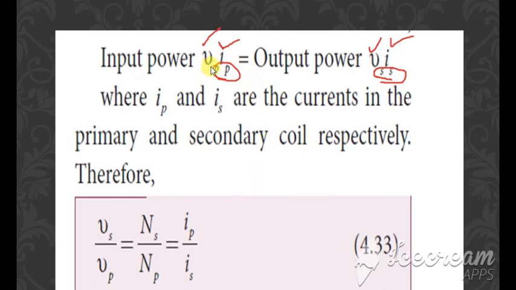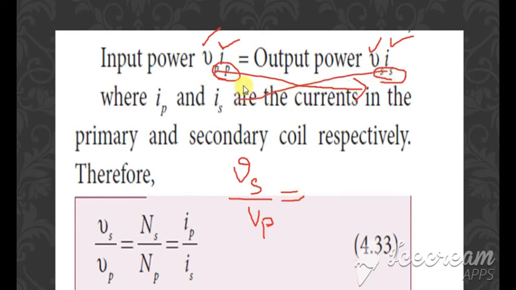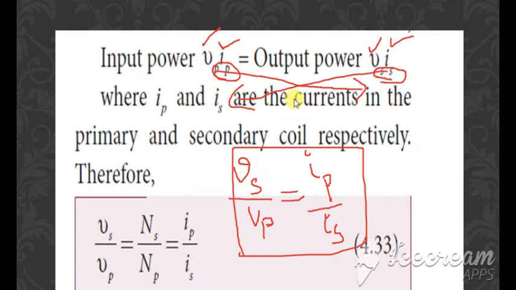Okay, so from this, Vp we are bringing here. So Vs divided by Vp is equal to, this side we are bringing down here, so we are getting Ip divided by Is. Okay, so this is the equation which you got from this.